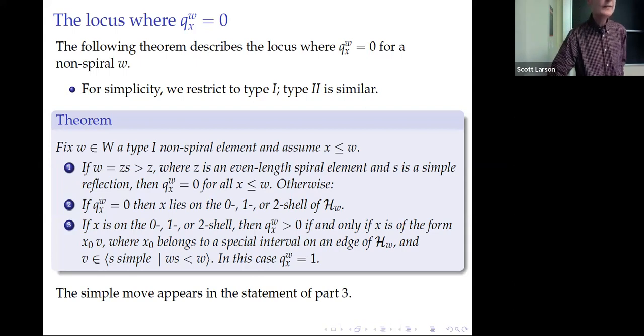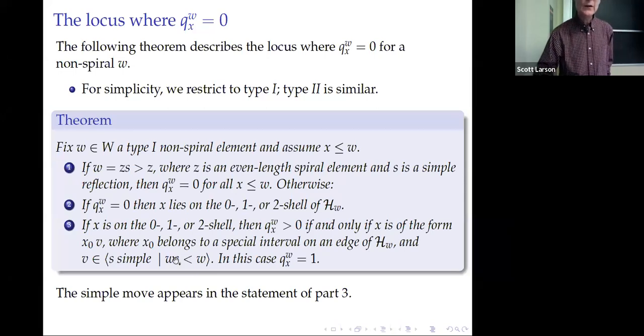But Q is not 0 at all of those points on those shells. There are certain points, which we call special intervals, on the outer shell where Q is non-zero. And then any point you can get from these outer shells by hitting it with a simple reflection that goes down from W, or the group generated by that, you get Q to be positive as well.